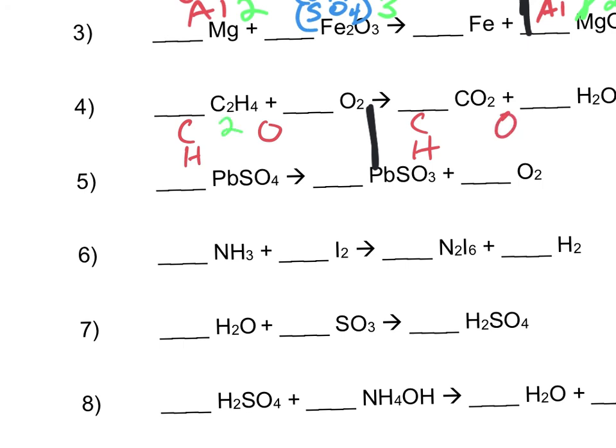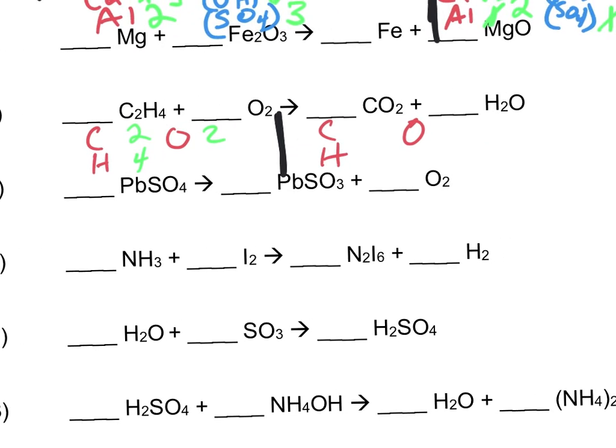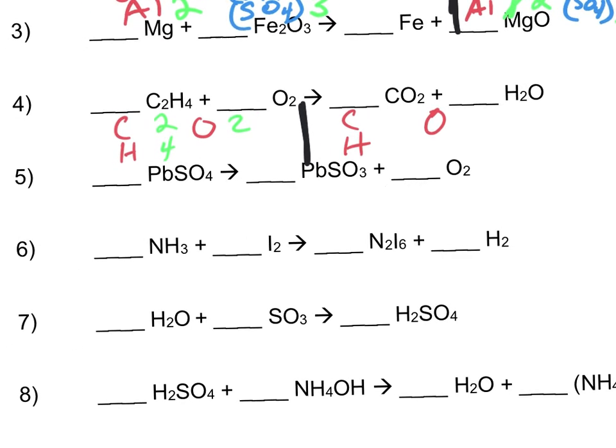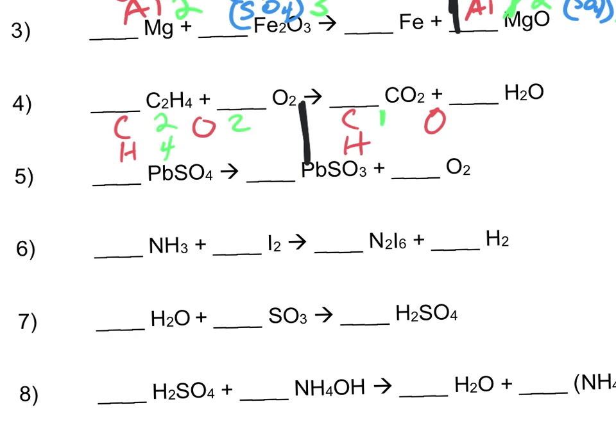I have 2 carbons, 4 hydrogen, and 2 oxygen on the reactant side. And over here I have 1 carbon, 2 hydrogens, and 3 oxygens here. Pause it a minute and make sure that you saw 3 oxygens. That is the number 1 mistake made of combustion reactions. Okay, did you find it? We have 2 oxygens here and 1 oxygen here.